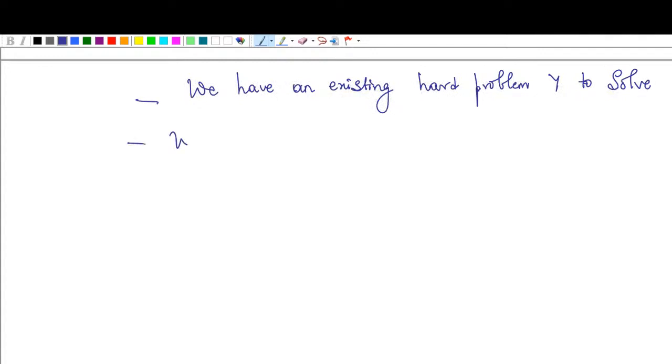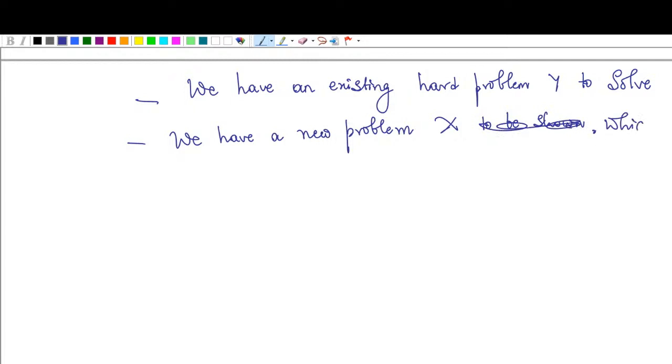And we have a new problem X to be shown. Okay, we have a new problem X which we want to show is hard to solve.